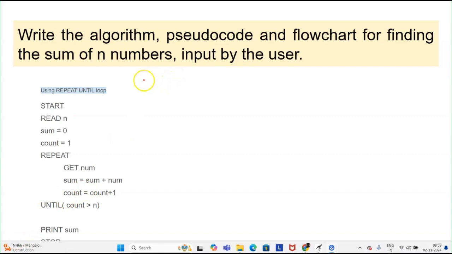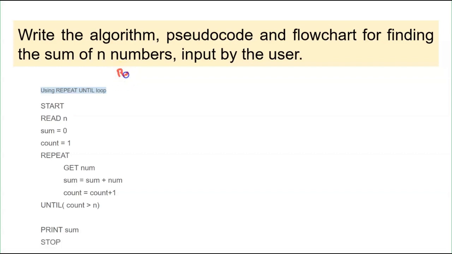Now let us see the third method, repeat until. So here remember, repeat until we have a condition at the end of the loop.